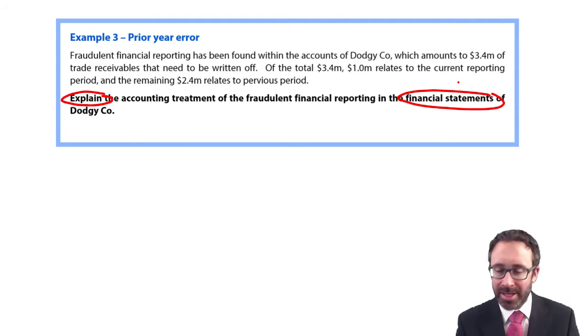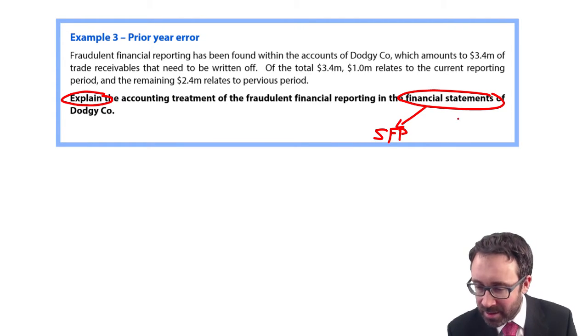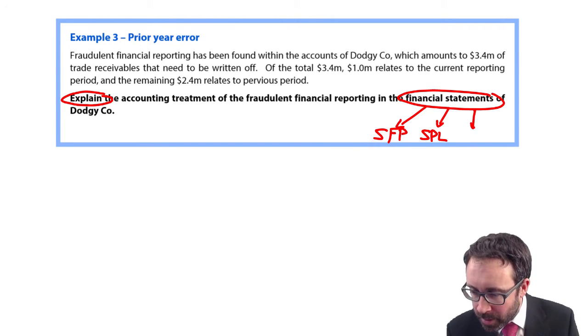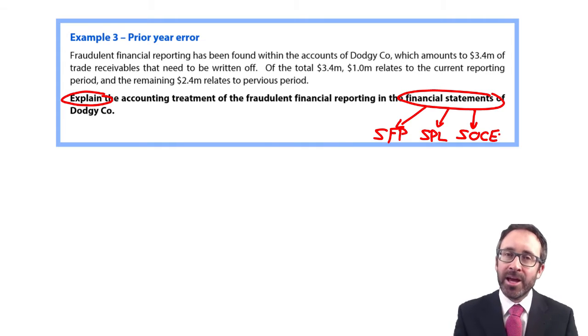When you're thinking about the financial statements, particularly with published company accounts, we normally think SFP and statement of profit or loss, but you also can see the statement of changes in equity.